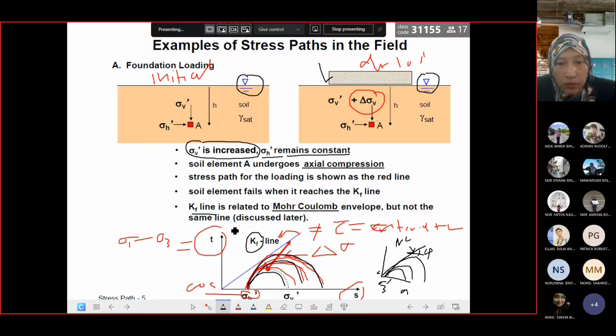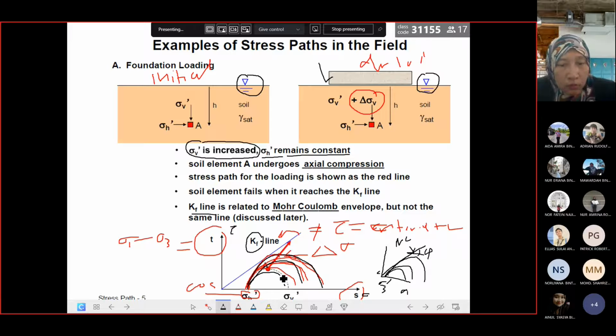So kita bukan plot dalam tau dan juga sigma. So bila you plot dalam tau dengan sigma, you akan dapat Mohr circle lah. And then kat situ you akan dapat Mohr-Coulomb failure envelope and you can get this phi dan juga C. Tapi kalau you just plot dengan space t, s, so you akan dapatlah the only thing is that dia punya maximum shear stress connected with the another maximum shear stress to produce a straight line.